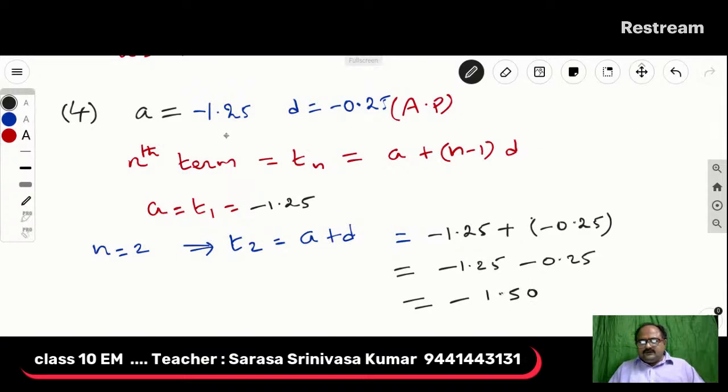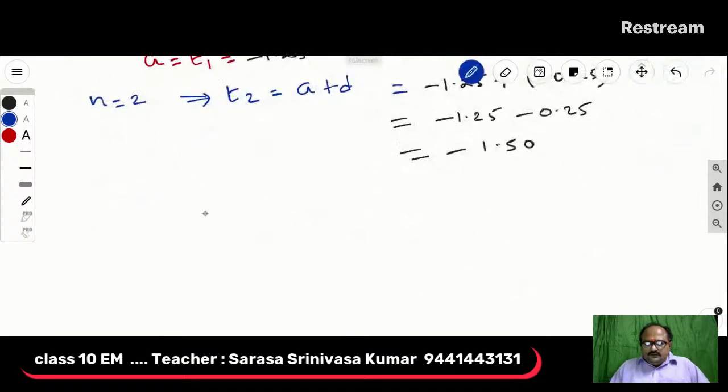We write this step here: 1.25, here 0.25. If we add this, we get 1.50. Since there is a negative sign, we have to write the negative sign.